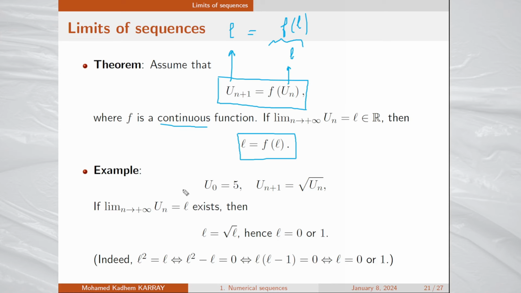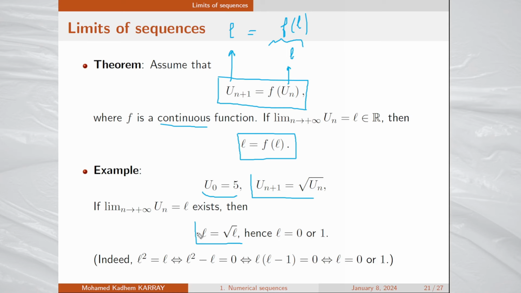Let's give an example. Assume that u0 equals 5 and un plus 1 equals the square root of un. If the limit of un equals L exists, then necessarily L equals the square root of L. Hence, L equals 0 or 1.